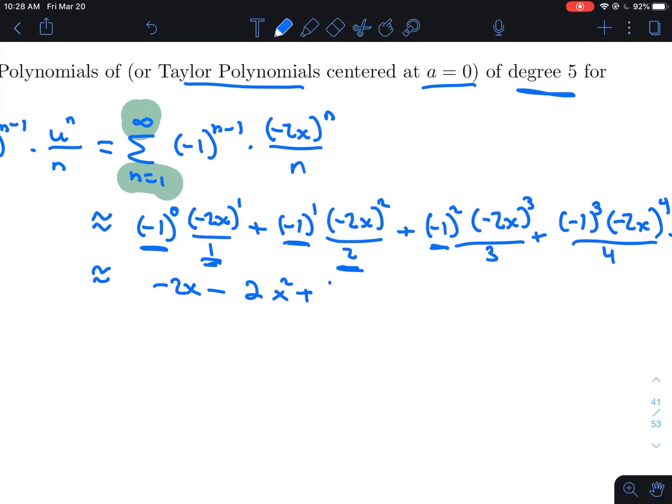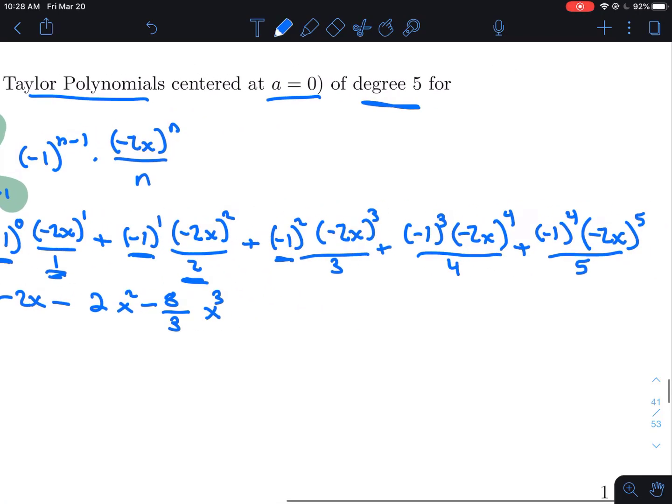So that's going to be positive. I have a 1/3. And then I'm going to take my negative 2 and cube it. So that's going to be negative 8. And I'm going to take my x and cube it. So that's going to be x cubed. So let's simplify things down a little bit. I'll move that negative sign out there. And let's just make this 8/3. So 8/3. Okay.